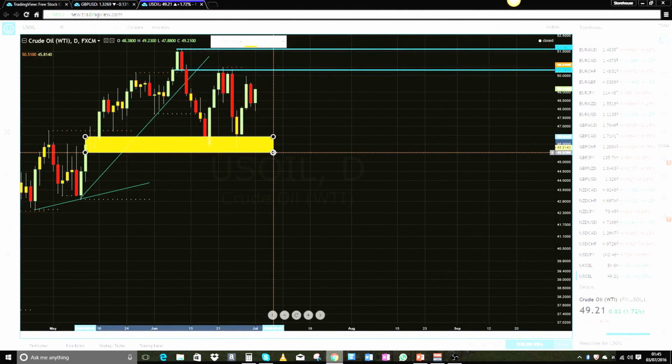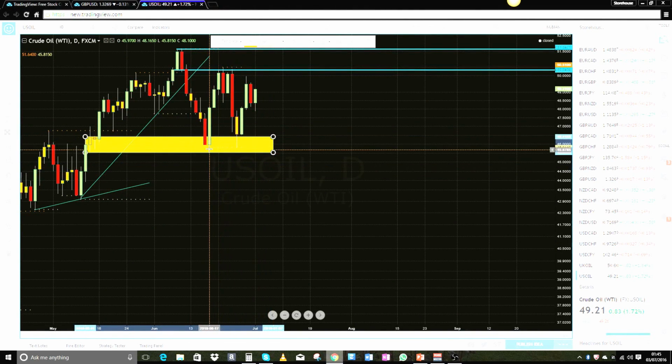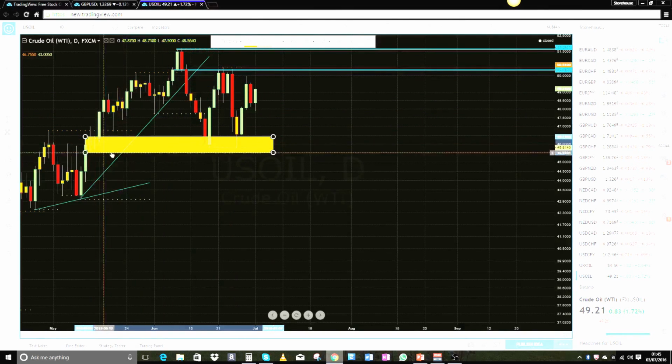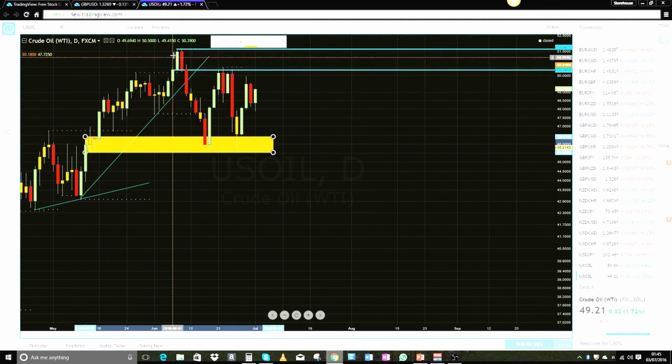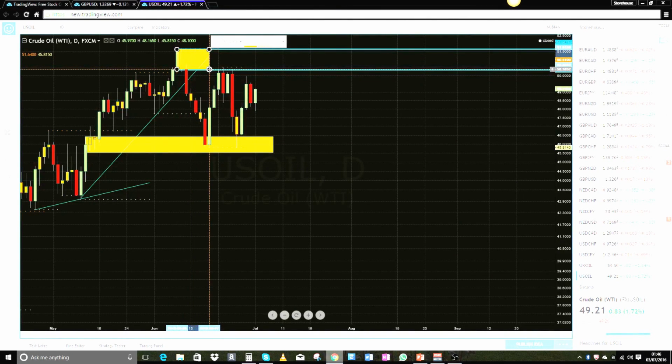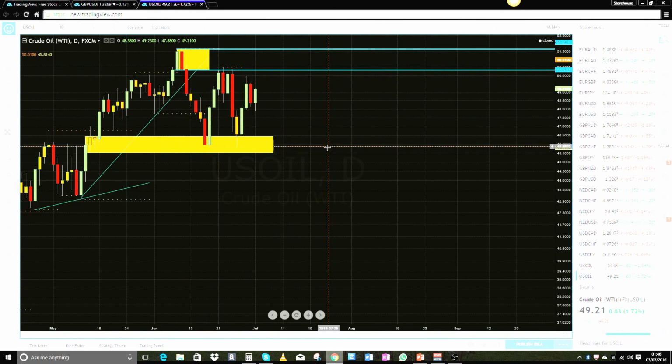That demand zone is still holding. It's held once, it's held twice, but with a deeper penetration, so you know the orders are being taken out here. But this was the short that I posted on the Forex Factory thread and talked to my traders about.